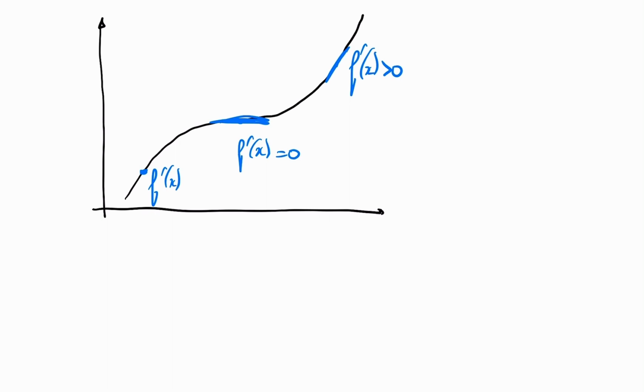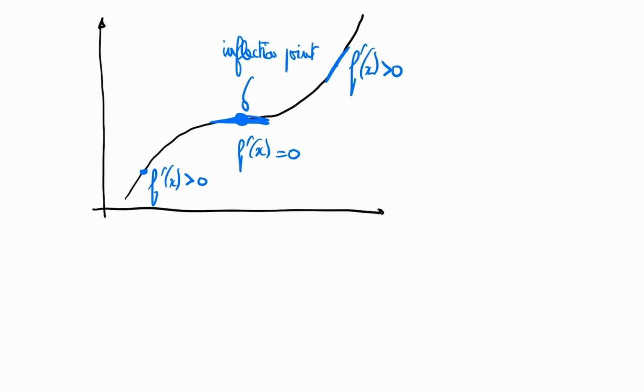This specific point is called an inflection point. As a difference with a local minimum or local maximum, here the sign of the derivative doesn't change. It was positive and it becomes 0, and then it's positive again.